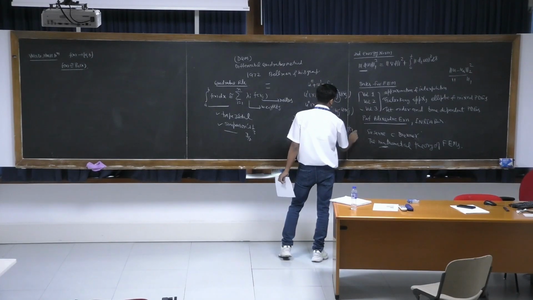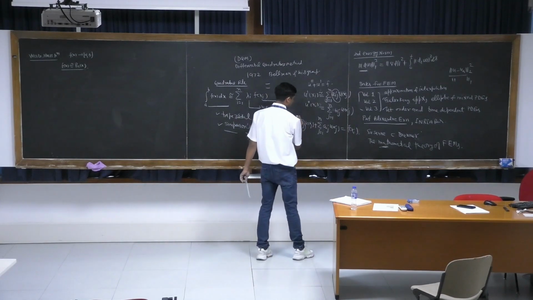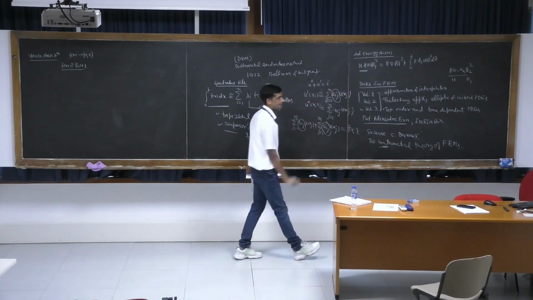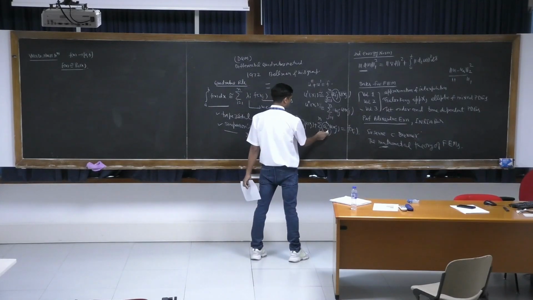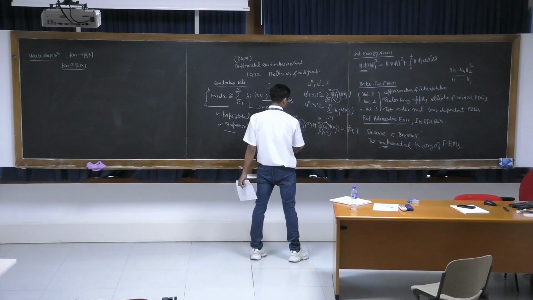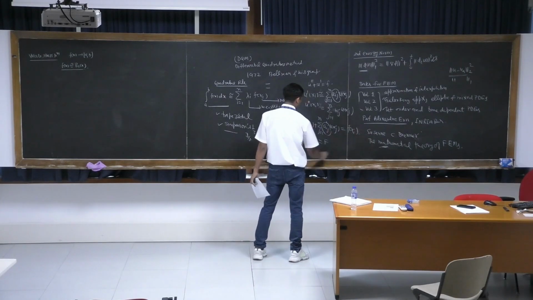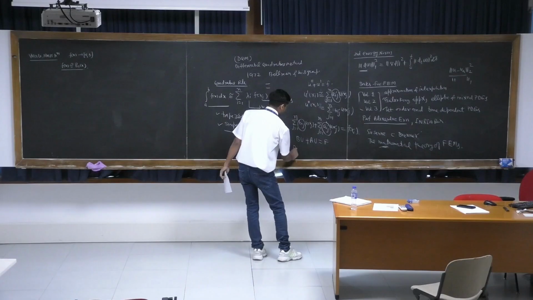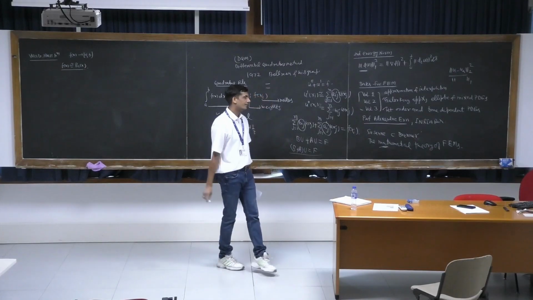So if we have b_ij and a_ij, these are matrices. Suppose this is the B matrix, U is this, plus the A matrix times U is equal to F. So (B plus A) U is equal to F, which is a linear system.